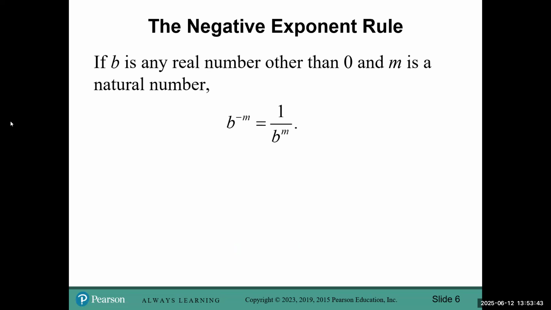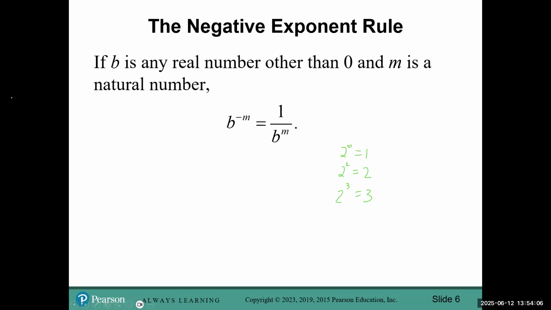Then we have our negative exponent property, and this comes from what I was showing you in the previous screen where we said 2 to the 0 is 1. Oops, I am just going off on that. Let's fix that. That's not true.